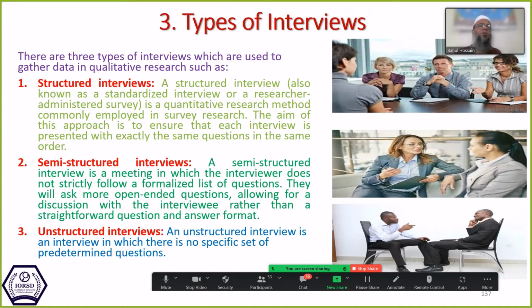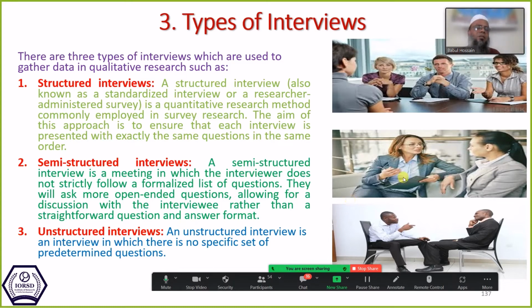So, types of interview. There are different types of interview, like the structured interview. The same questions are asked of all the interviewees, and you have to maintain the sequence of asking the questions. That is called a structured interview.